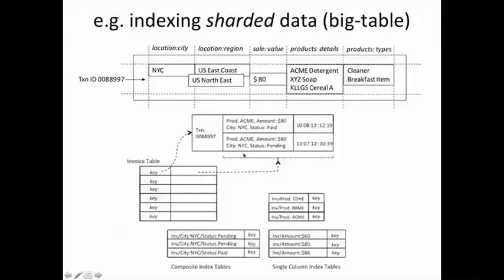But now if you want to search this table by some other column, such as by product, one would need to create index tables, which would also be big tables, but their keys would be things like product CDHE, product BBME, etc., which would tell us which key in the original table this particular combination of product actually lies. Similarly, one could create index tables for amounts as well as for combinations between, say, city and the status of the transaction.